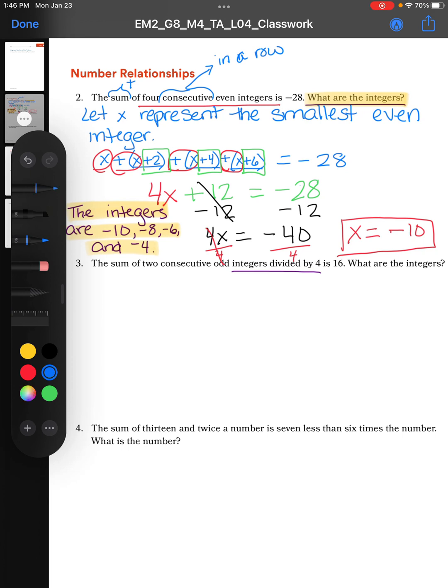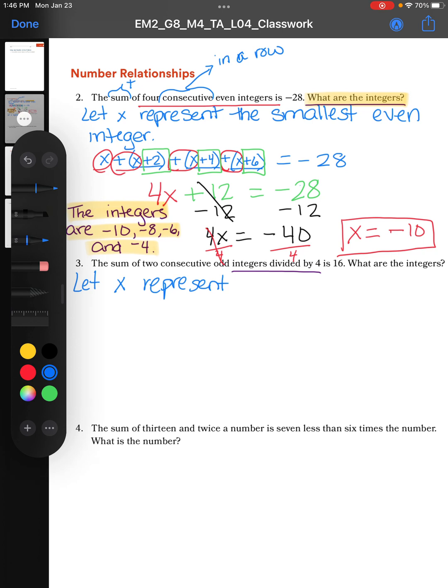So again, I'm going to start off by defining a variable. I'm just going to choose x again. So let x represent, well, what is x going to represent? I have the sum of two consecutive odd integers is divided by 4 is 16. What are the integers?